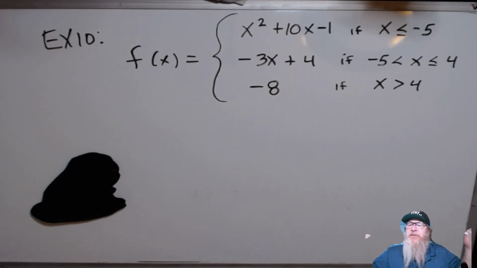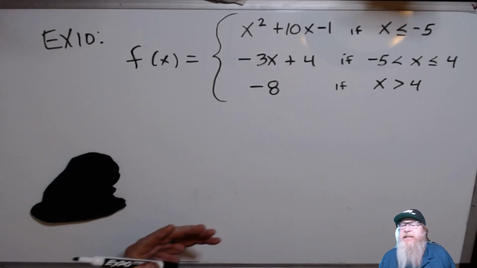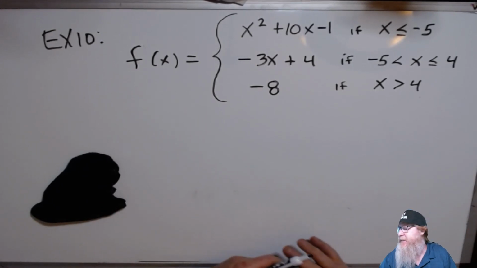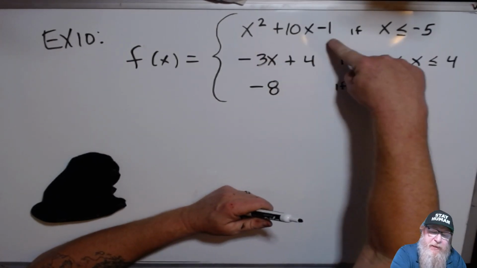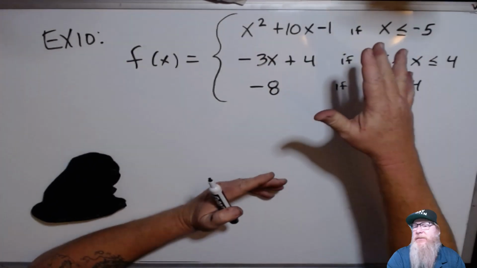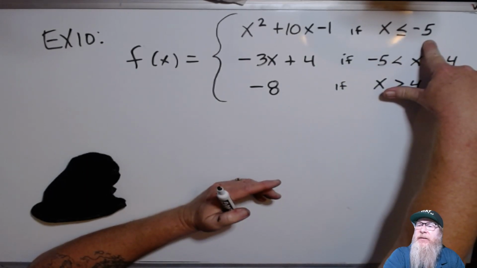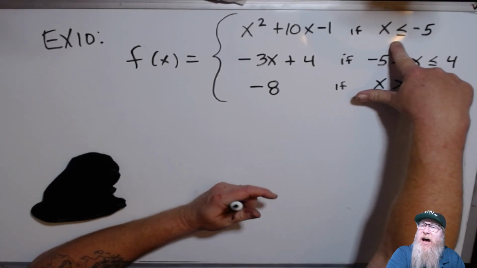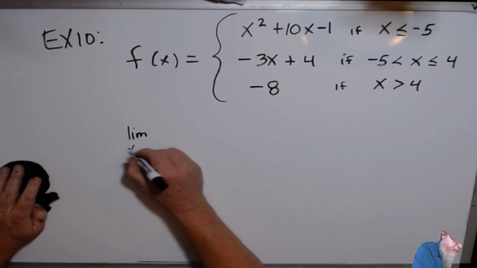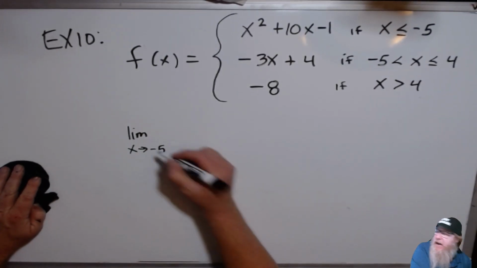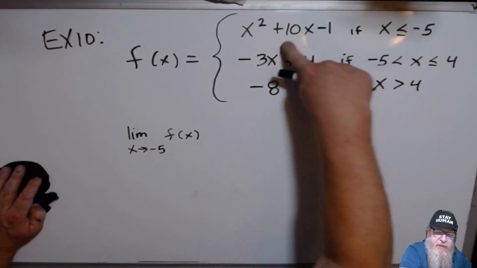All right, again, I'm sort of doing this blindly. I may have time to draw a detailed graph, but let's just get into the nitty-gritty of it. You have a parabola, or half a parabola. It's not an entire parabola. It's cut off at -5, but it does have a solid dot. So the limit as x approaches -5, well, that'll be this piece here.